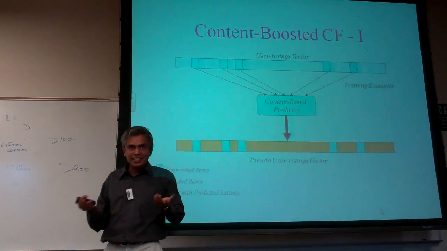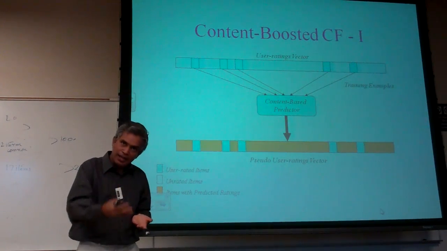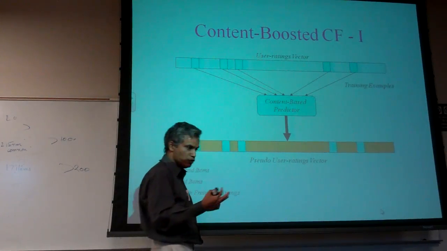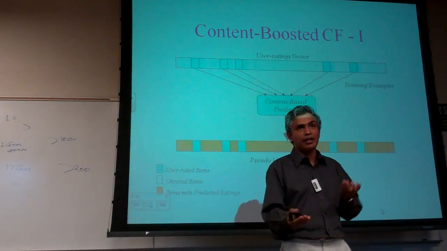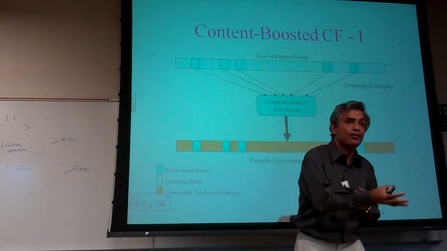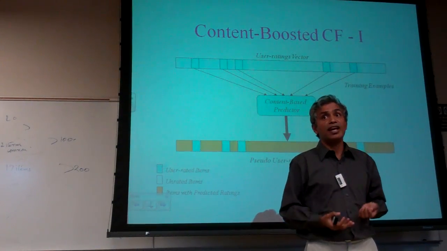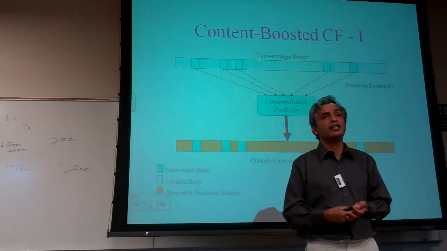As long as there is a reasonable set of training examples, you will be able to have some features common, and you will be able to use that in the naive-Bayes classifier to compute the probability that you would like versus probability that you won't like. And you'll pick the one, the probability that you like is higher, then you'll assume that your rating is higher.